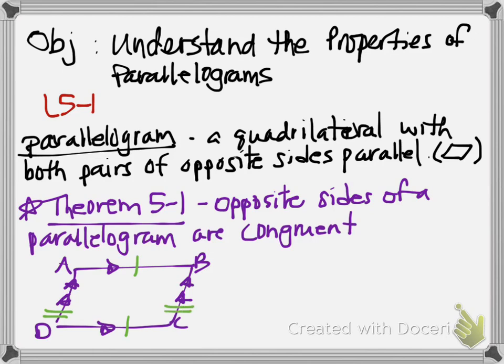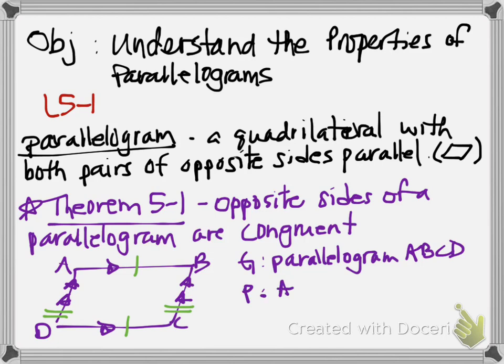So our given would be that we have a parallelogram ABCD, and what we're able to conclude or prove is that the opposite sides, segment AB and segment DC, are going to be congruent to each other, as well as segment AD and segment BC.